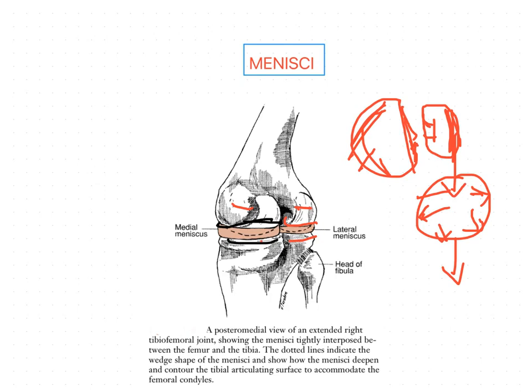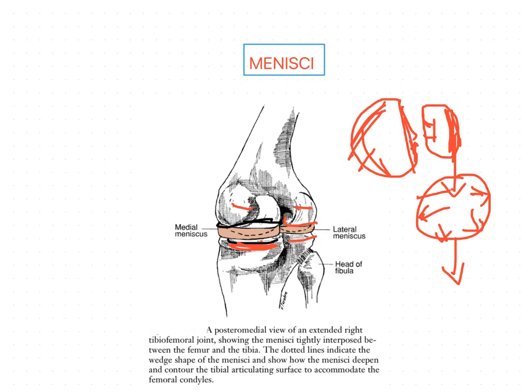The wedge-shaped menisci increase the radius of curvature of the tibial condyles, and therefore the joint congruence also increases. By increasing congruence, the articular contact is also increased.